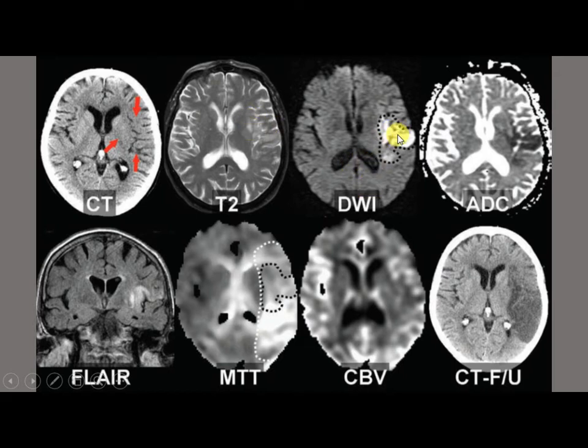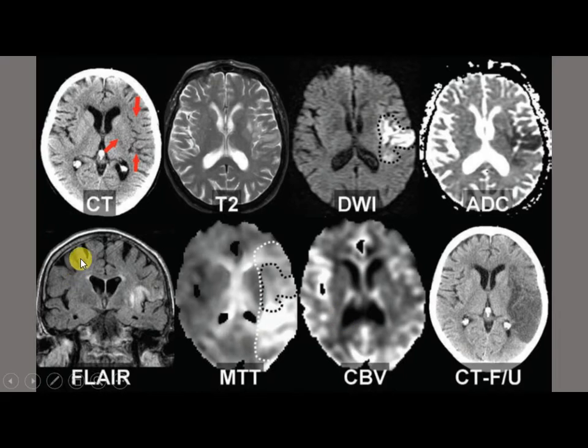In the diffusion weighted image, which, as we said, is the most sensitive sequence, the hyperintensity could be obvious, and this is called the light bulb sign. In the ADC map, by the way, it's a real diffusion map with no T2 shine-through effect.